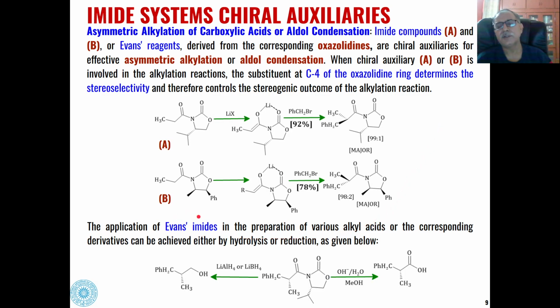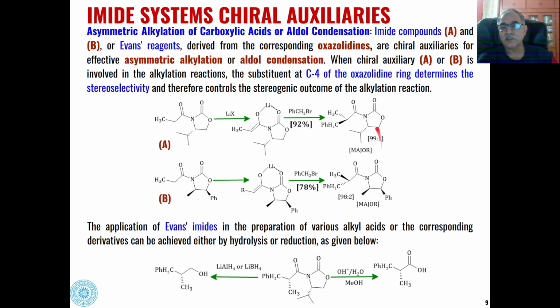And the configuration of the products formed will depend upon the configuration at this carbon, that is whether it is alpha or it is beta, we will get different enantiomers of the products formed in these cases.